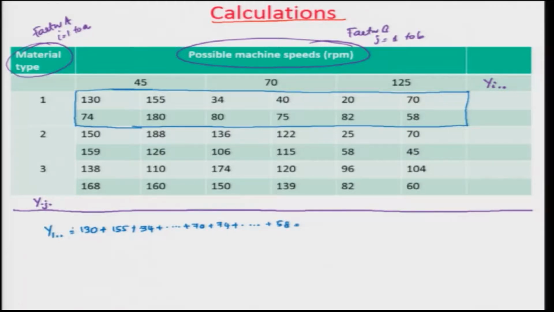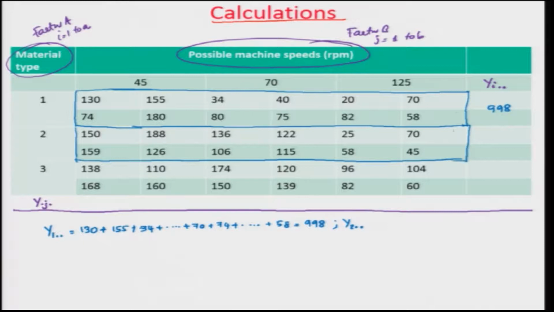This whole thing you sum up and you get the value to be 998. So this is the first value that you calculate. Then the second one you calculate similarly is y 2 dot dot.